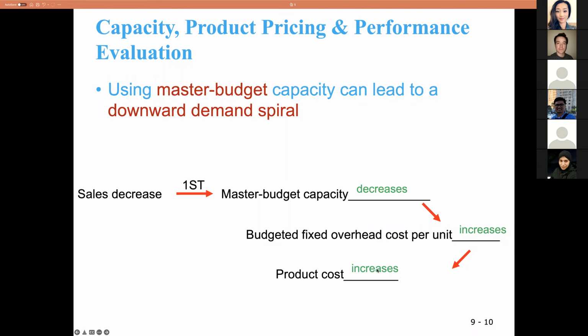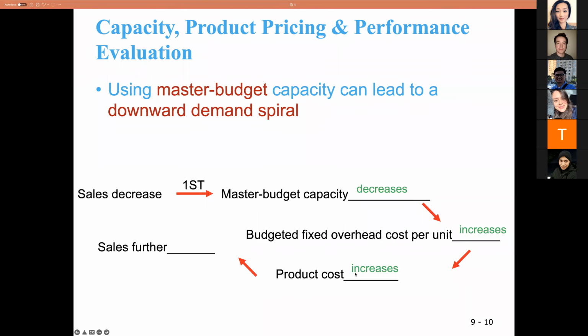So if your product cost increased, what happened to the sales price? Bianca? It should increase.